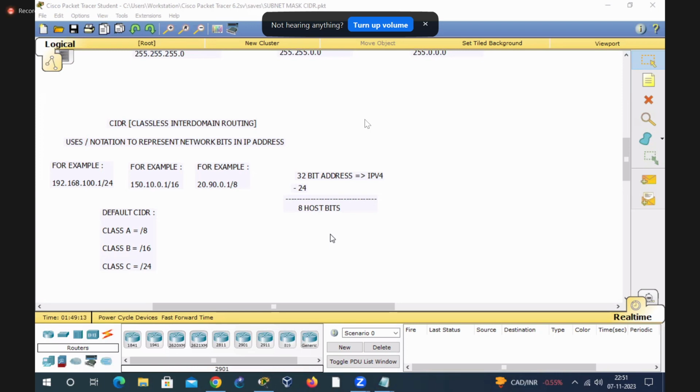Class C, 192 to 223: 192.0.0.0 to 192.167.255.255, and 192.169.0.0 and 223.255.255.255.